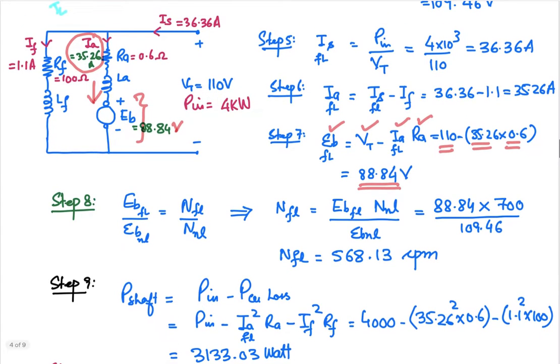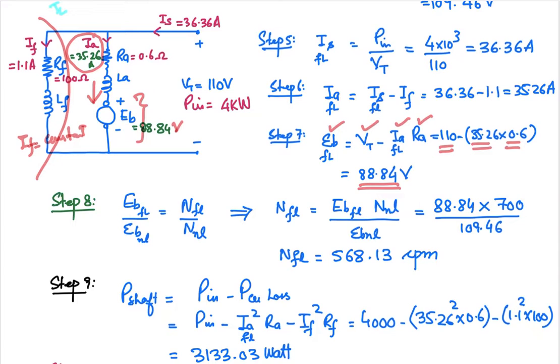Now, no information on the flux is given, and it is being assumed constant because your If is constant whether the load is changing or not. A shunt machine is essentially a constant flux machine usually. If there is no change in this circuit, to change the flux you will have to connect a variable resistance Rf if you want to change it.